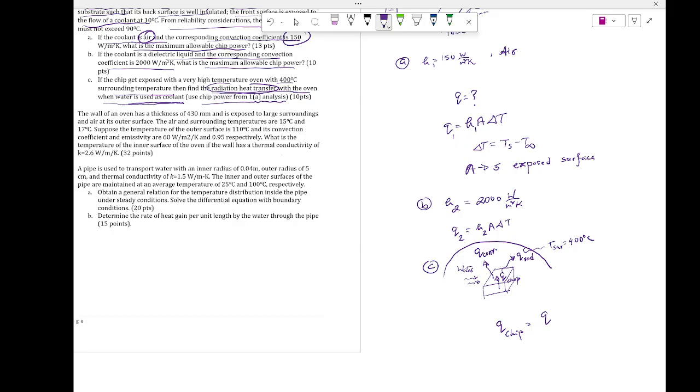Now here's the thing: the chip temperature could be more than 400 degrees Celsius, or could be way less than 400. Depending on the temperature, radiation will either go up to the chip or come to the chip. Is it clear to everyone? So basically, it's a surface energy balance problem. Now they tell you the chip answer is from problem 1A. So whatever you found there, you're going to use it here. It makes sense? So then you have this convection plus this radiation.